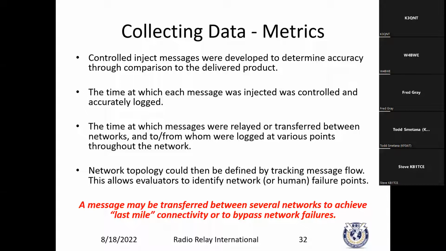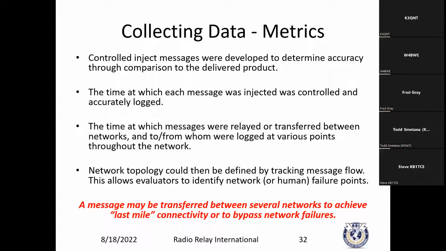The idea was that, number one, we could measure the accuracy of the controlled inject against what came out at the output side. We could see how long it took a message to propagate through the system. If messages disappeared somewhere along the way or there was a delay, we could identify where that delay occurred. Was it a technical problem?